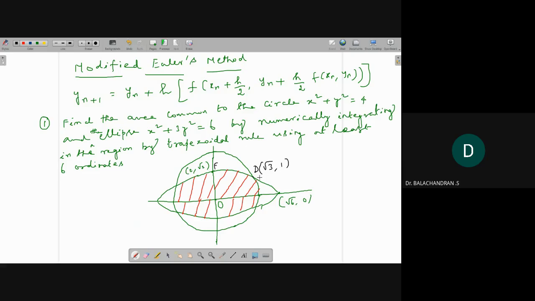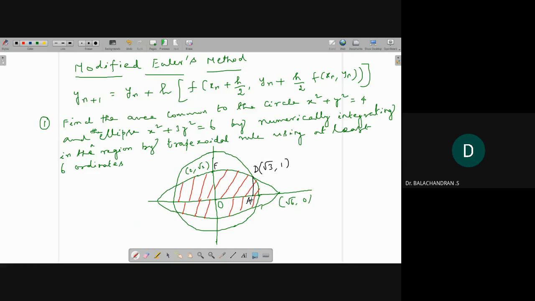Now I'm going to draw a straight line from here to the x-axis.